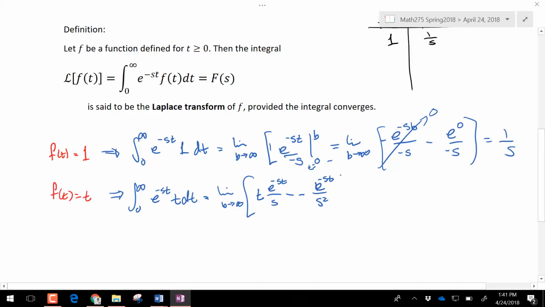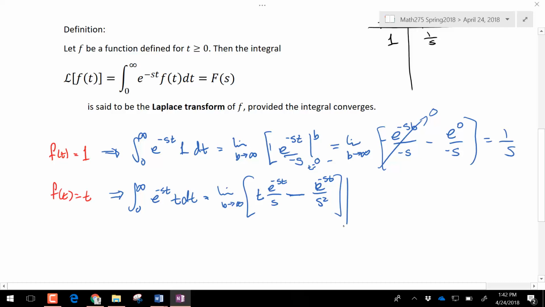Not sure about the negative sign though. Minus, minus. I think it's a minus.